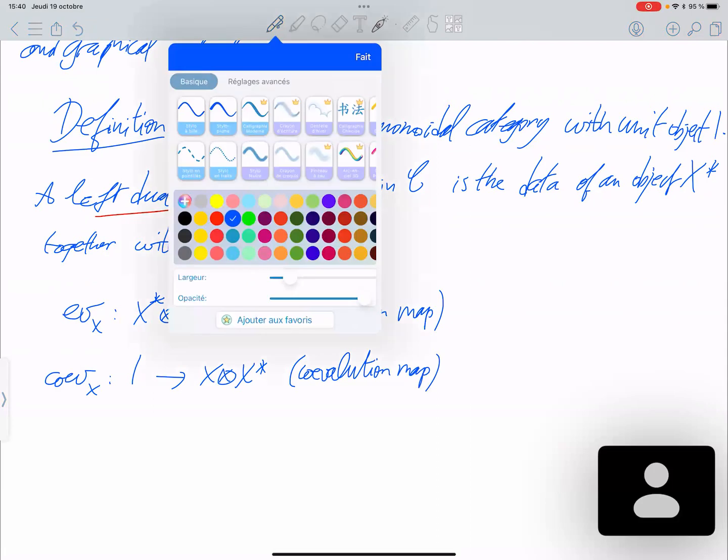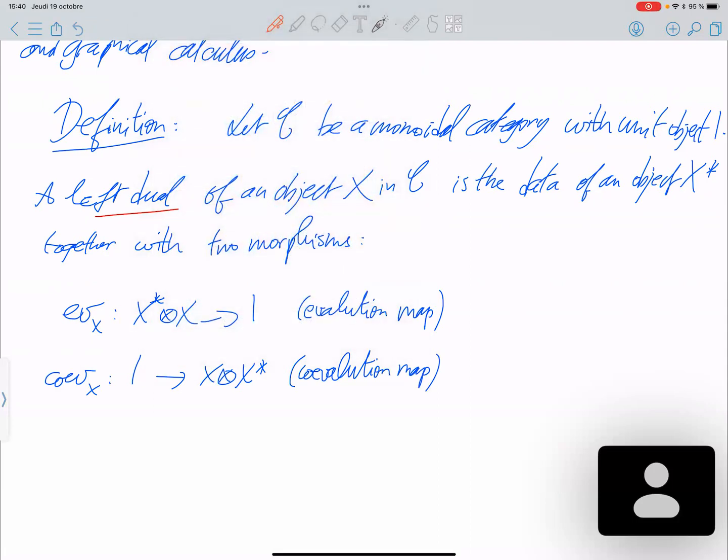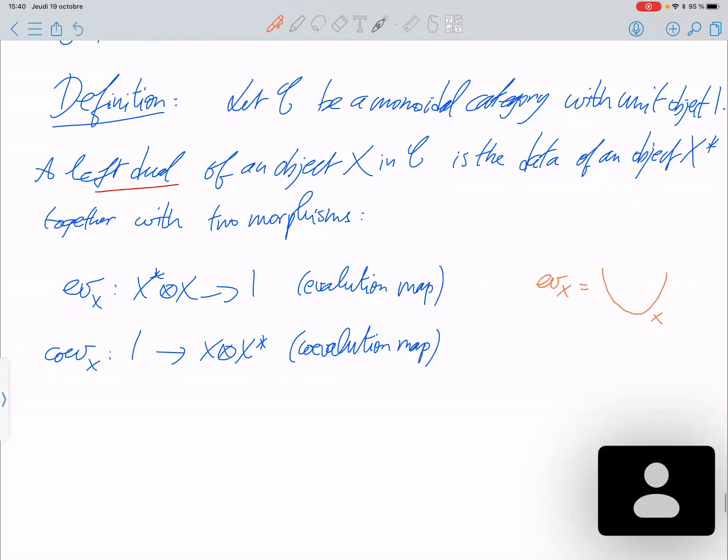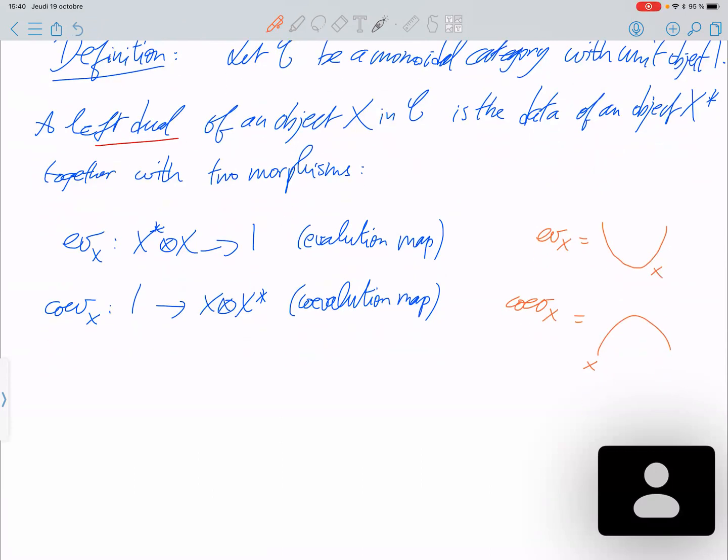The picture for these two maps is as follows: ev and co-ev equal like that.